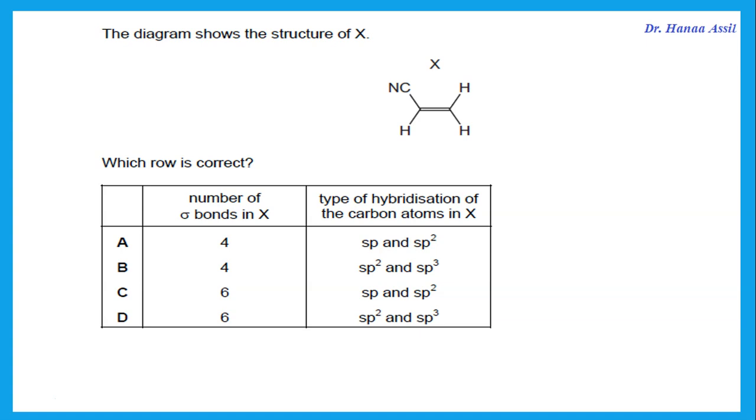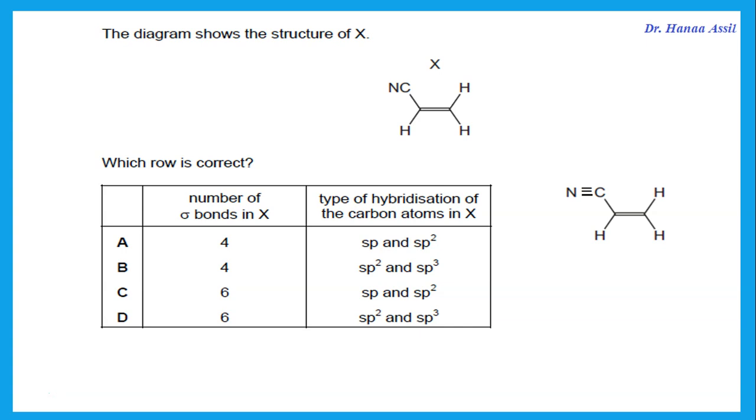What about this structure? We're asked how many sigma bonds this compound has and the type of hybridization. What is this compound? It has a double bond between the carbons and a triple bond with the nitrogen. Each of these bonds must have one sigma.